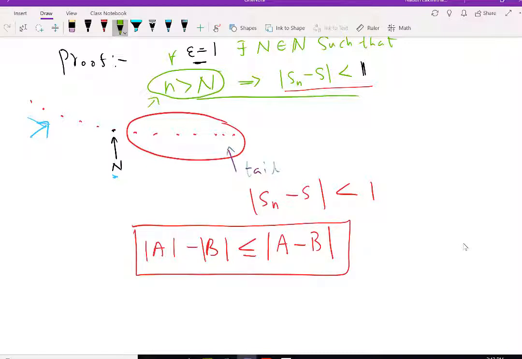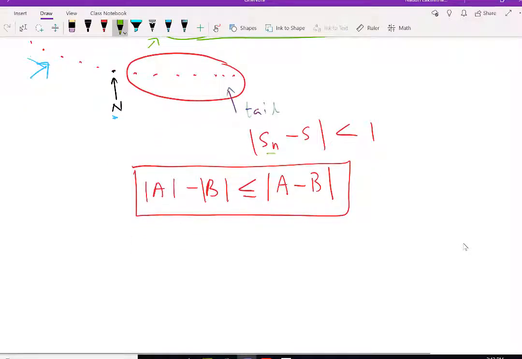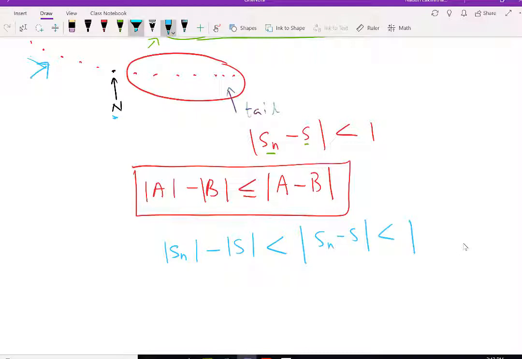If we use this inequality, capital A is like S sub n, capital B is like S. So we can say the absolute value of Sn minus the absolute value of S is less than the absolute value of Sn minus S, which is less than 1, where 1 is epsilon.